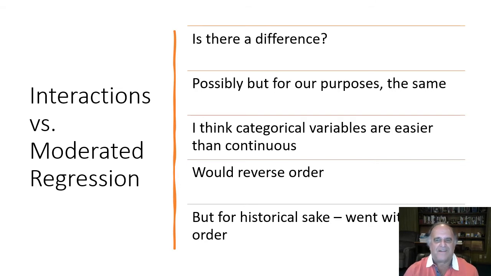I'm not going to get into all that I think about that. You have quite a few readings. And for our purposes, really, they're going to be the same. For our purposes, we're not going to see a difference between interactions and moderations. But I think conceptually there is a difference, and I will get a little bit into it.